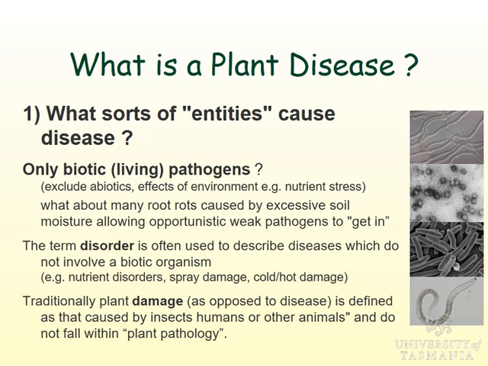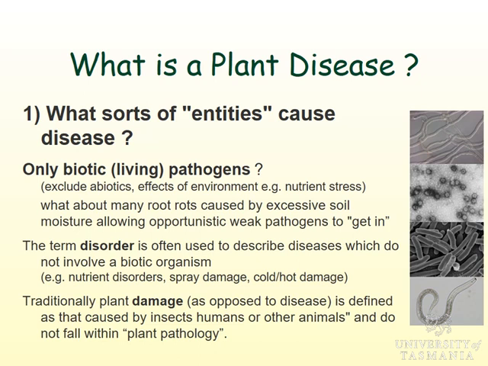Similarly, humans and animals, they certainly cause damage. You mow your lawn, that's pretty severe damage to the grass. That's generally not considered a disease by our definition, but obviously it is affecting how healthy the plant is and its performance. And similarly, when animals predate or feed on plants, they cause damage.